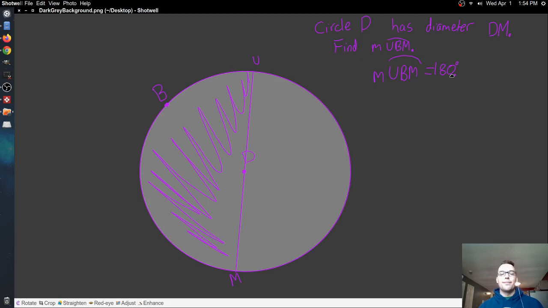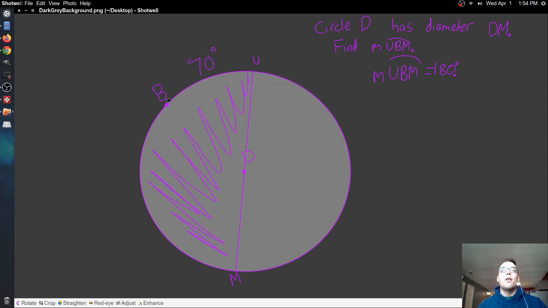Simple, simple. Cool. Just looking at this, do I have enough information to get arc BUM or arc BU, the minor one here? The answer is no. I know nothing about this circle to get that. However, you might be told, oh, BU is 70 degrees.